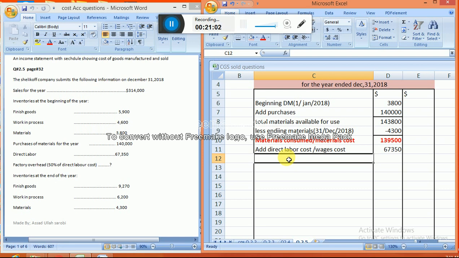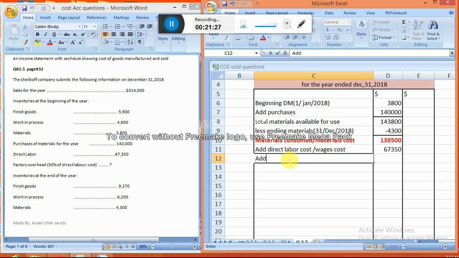All these are indirect costs which take place in the factory, and the indirect cost of the factory is called factory overhead. So that cost is also included in the cost of the production.